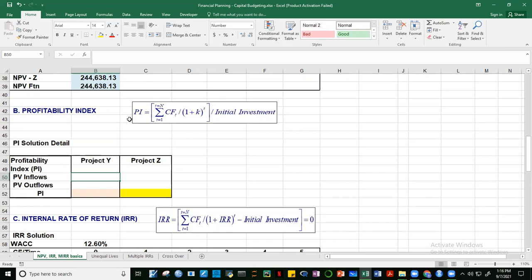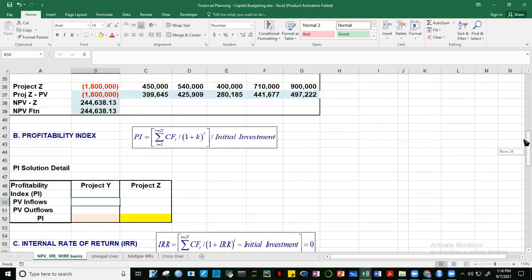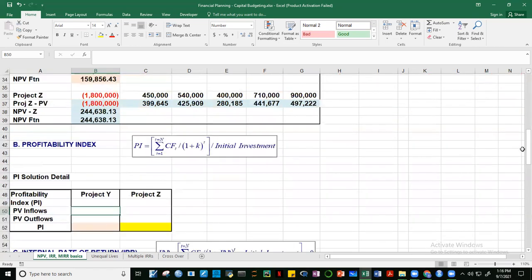This is your profitability index. So Project Z is now penalized because its initial investment is higher. We are computing how much present value of cash inflow we get per 1 peso of initial investment. So first, let's find the present value of our cash inflows.